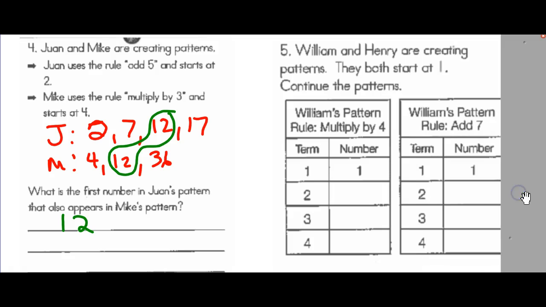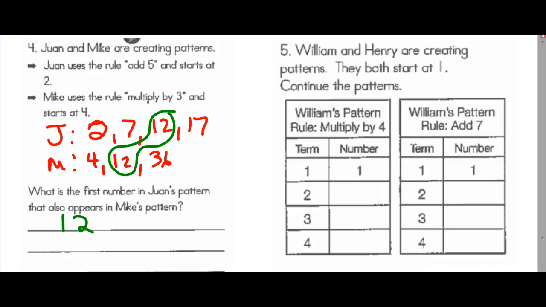But we're going to go to Mike now. He uses the rule multiply by 3 and he starts at 4. So 4 times 3 is 12, 12 times 3 is 36. Our question is, what is the first number in Juan's pattern that also appears in Mike's pattern? At this point, we can identify that 12 is the first one that appears in both of the patterns.